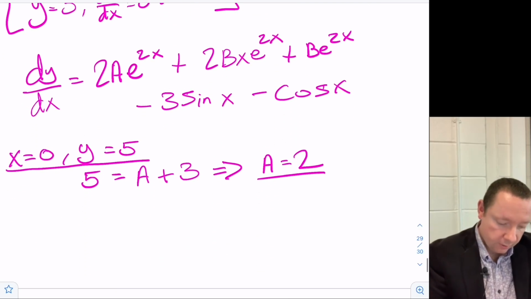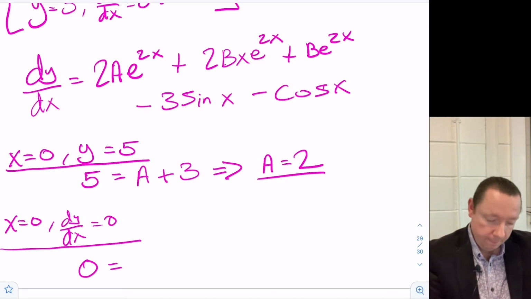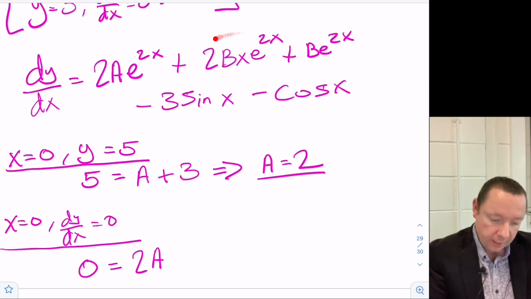And then our second substitution, when x equals 0, dy by dx equals 0. So we're using the whole of this. We've got 0 equals 2a e to the 0. The second term will be nothing because we've got times by nothing.